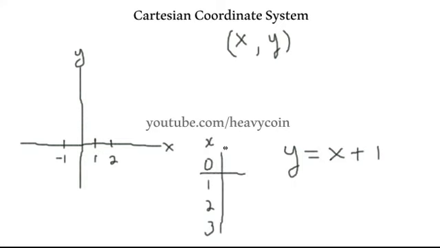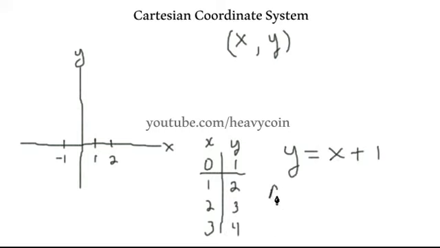So this is our x's and this is going to be our y's over here. If I plug in 0, 0 plus 1 is 1. Plugging in 1, 1 plus 1 is 2. Then we plug 2 in, 2 plus 1 is 3. Plugging in 3 for x, 3 plus 1 is 4.